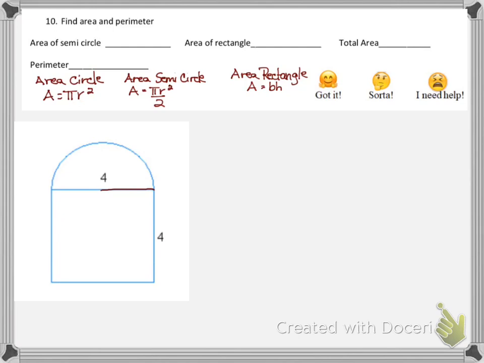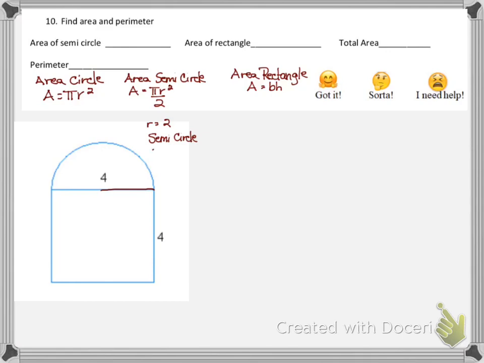So the radius ends up being 2. So we'll write this down, that the radius equals 2. And so let's go ahead and find the area of the semicircle. So this is the semicircle. Just remember that when we figure out the area of each of these 2 parts, then we add them together. So that's our goal.